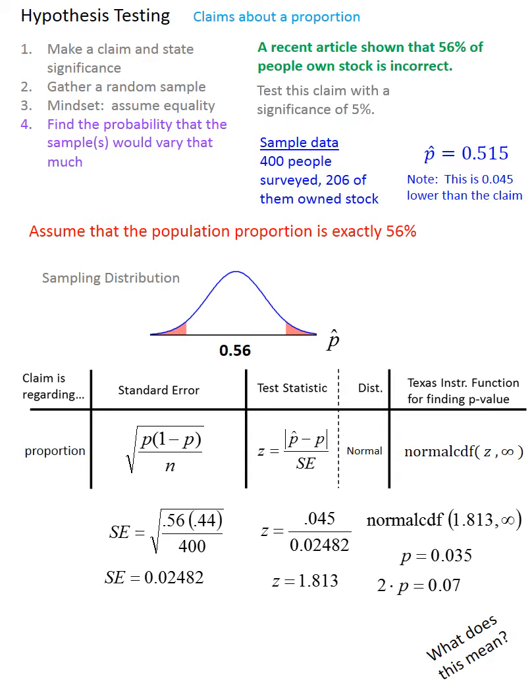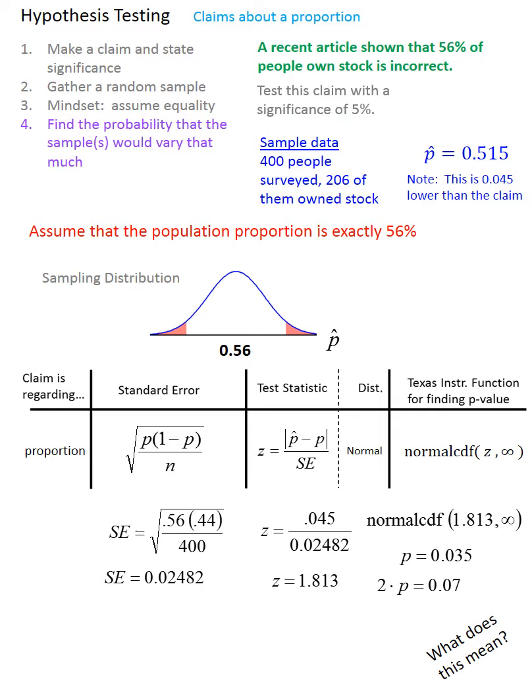If there is a 3.5% chance that my sample statistic was as low as 51.5%, then there's an equal 3.5% chance that it could have been that far above. And since either one would have counted as evidence against the article, we have to double the value of p and compare that to the significance of the claim.